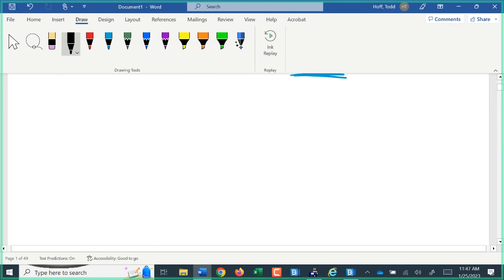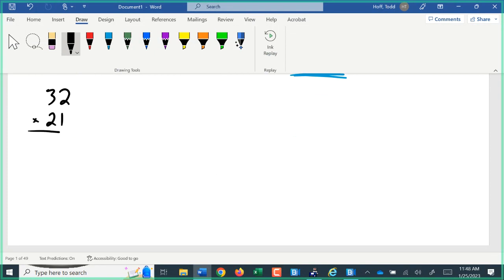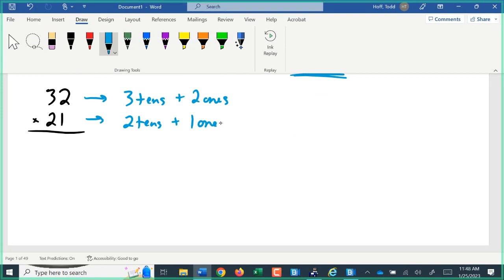For multiplication, now we might have 32 times 21. Now this one I am going to write out in that long form or full form. 3 tens, 2 ones. This will be 2 tens and 1 one. Now if you remember from Monday, when we multiply or divide, we do not need the same name.